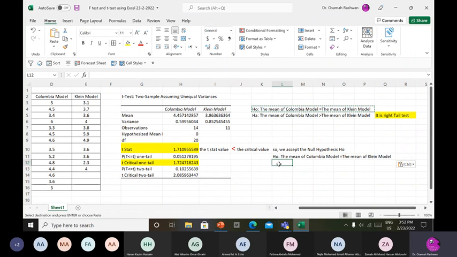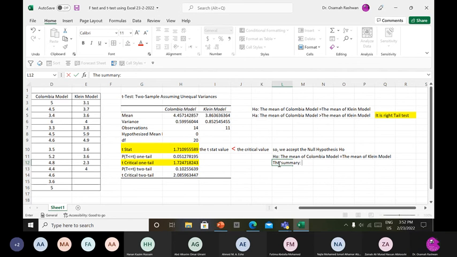Can you write the conclusion? Yes, I can write the conclusion. So the summary is there is no significant difference in the averages. Averages mean the means.